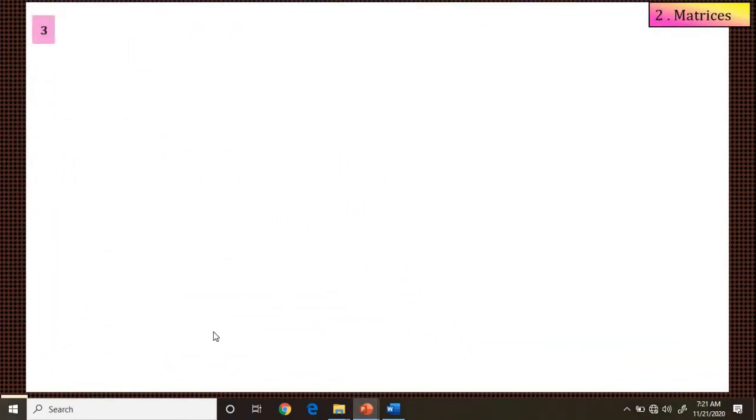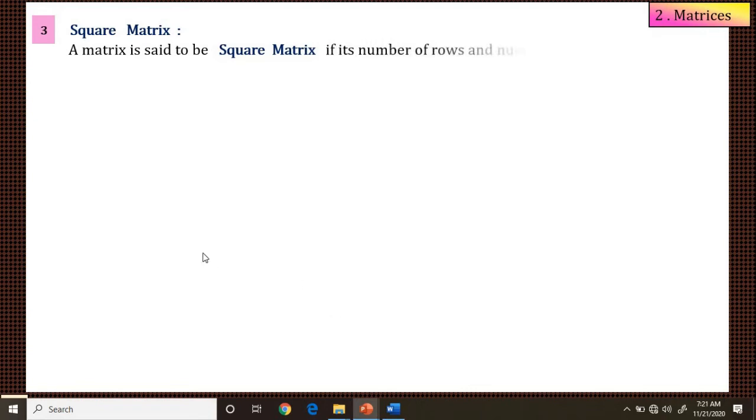Now go for the third type, square matrix. It is defined as: a matrix is said to be a square matrix if its number of rows and number of columns are equal.